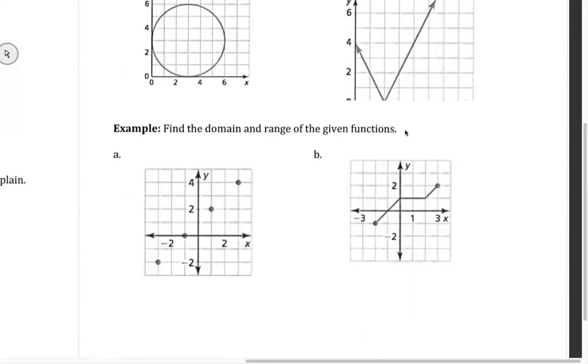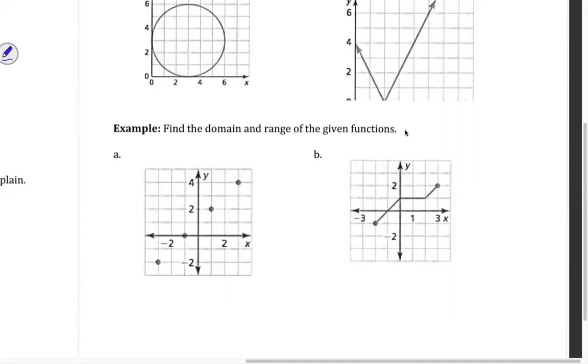Domain and range can get a little tricky. So I'm going to try and get through some of this stuff. Domain is all of your X values. It's your input. So whenever I give you a table, I'm just asking you to write down your X values. But when I give you a graph, it's a little trickier. So in A, think of it like a bunch of balls suspended.